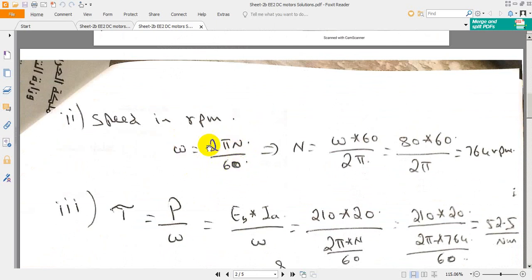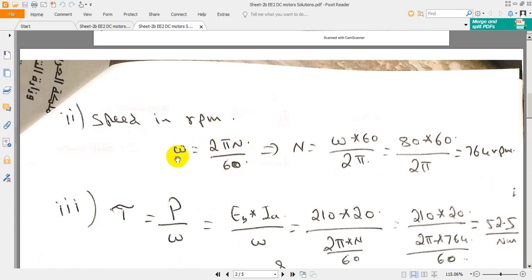To convert radians per second into RPM, we divide by 2 pi and multiply by 60: one revolution per second is converted into minutes by multiplying with 60, and to convert radians into revolutions we divide by 2 pi.